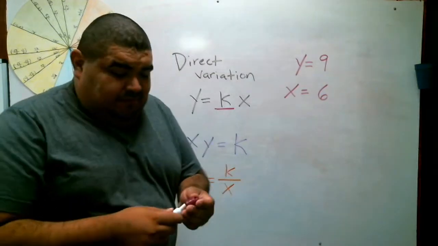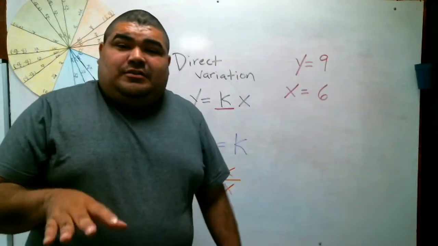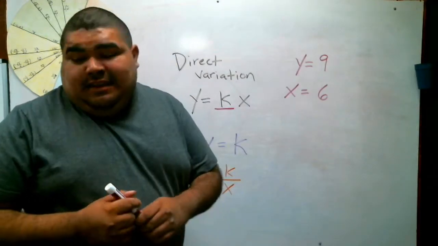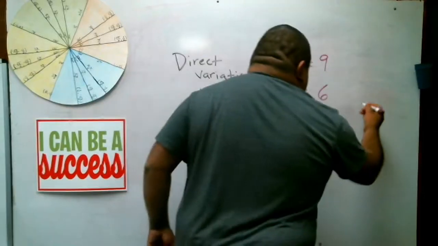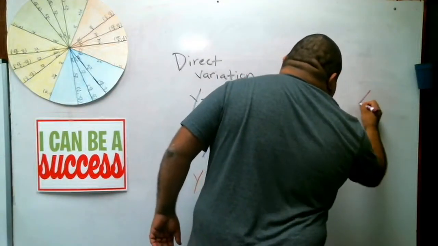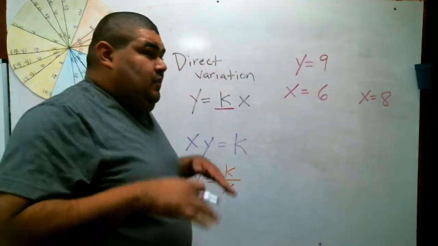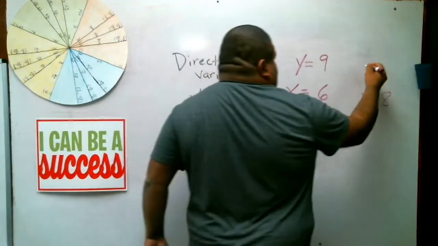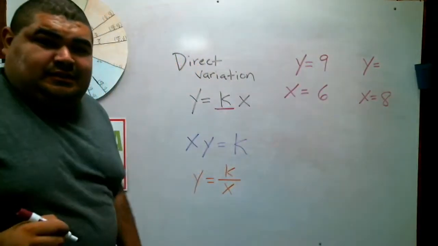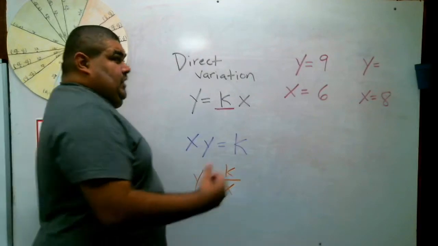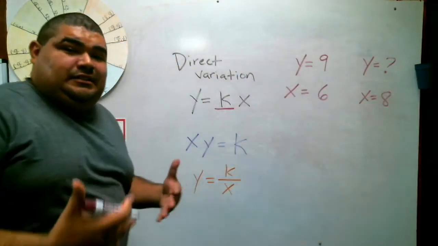So we want to find the conversion of it. But it also tells us that if we throw in an x of 8, this time we want to inverse it. We're going to throw it in. What's our y? Our y, we don't know. That's what we're trying to find out. That's the whole point of this concept.